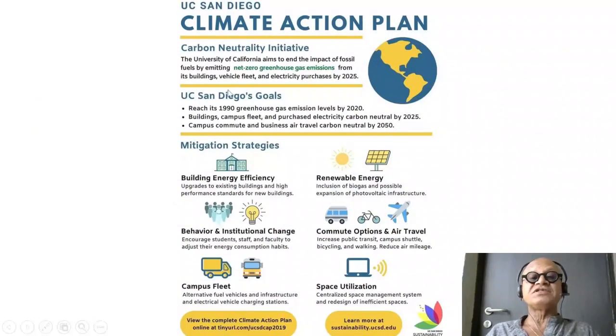Within California itself, you see San Diego has its own action plan, carbon neutrality, San Diego's goals, mitigation strategies, depending on building efficiencies, behavior and institutional change, campus fleet, space utilization, commuter options, and renewable energy. So, exciting, right?